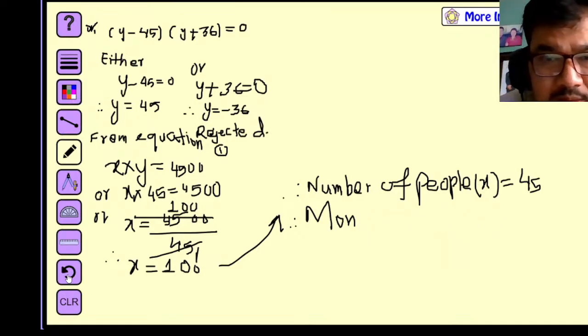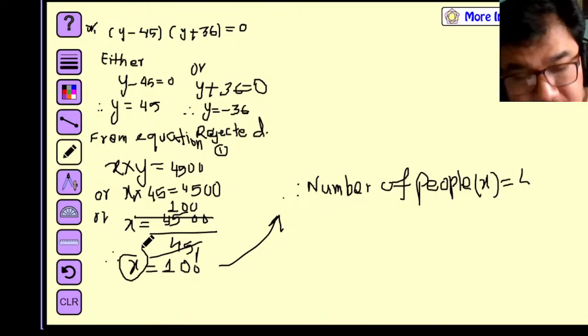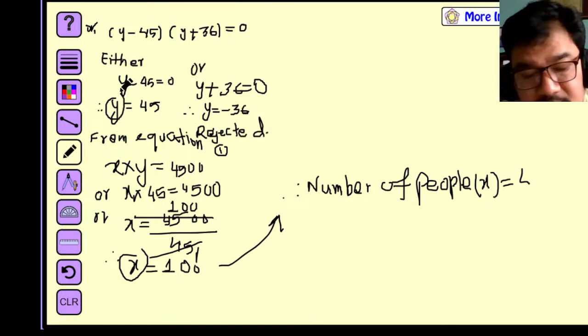Look here. What we suppose is this x1, and what we suppose is this y1. Okay, we have to see the number of people.